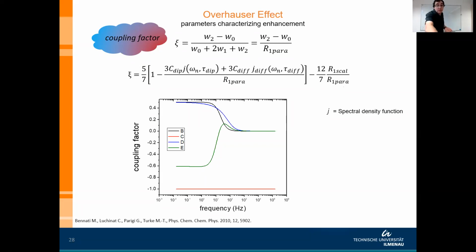The black line is related with the rotational correlation, the rotational dynamics. And the blue line is related with the diffusional dynamics. You see that it is broadening a bit the theoretical Lorentzian line type. And the green is the total contribution.